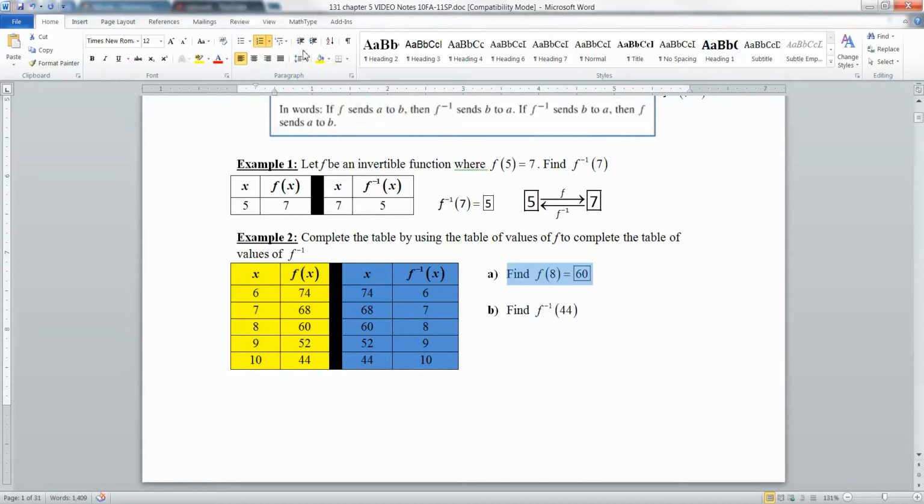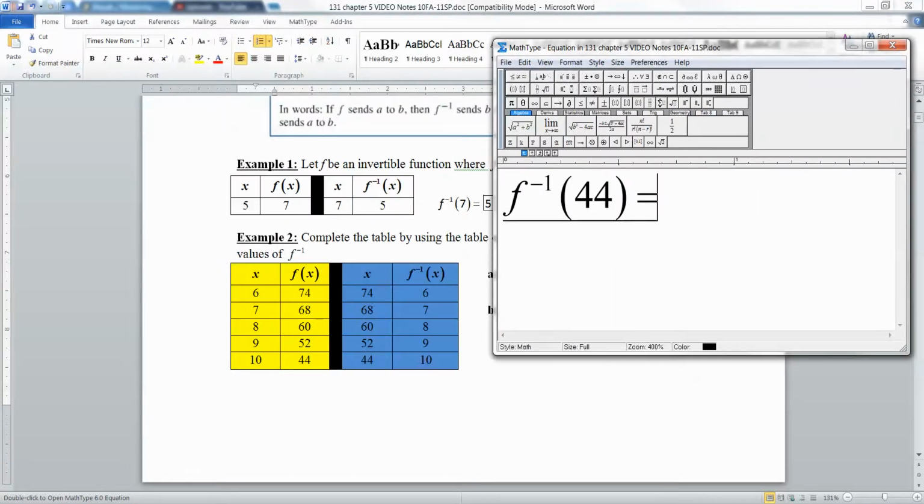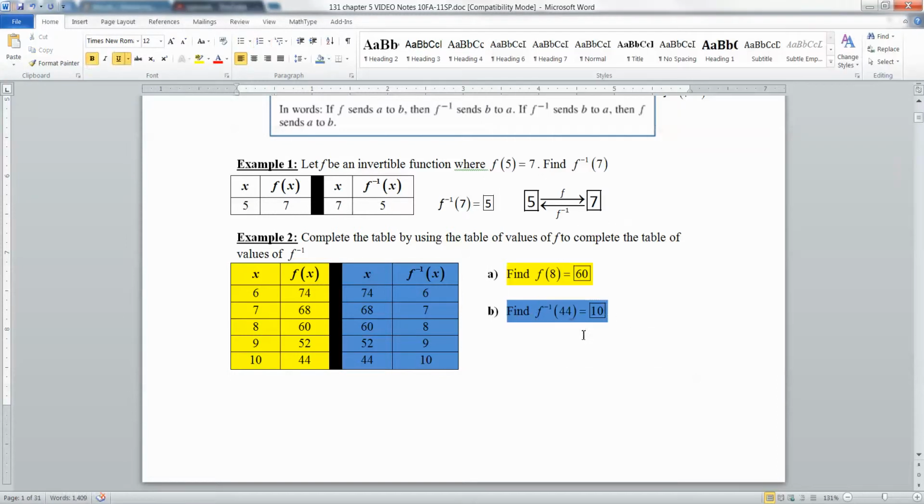So this one's talking about the yellow one, but this one down here is actually talking about the blue function. See the difference? Hopefully. There we go. So f inverse of 44 must be equal to 10. Because when you look on the right-hand side function, the blue function over on the right, then it's equal to 10.